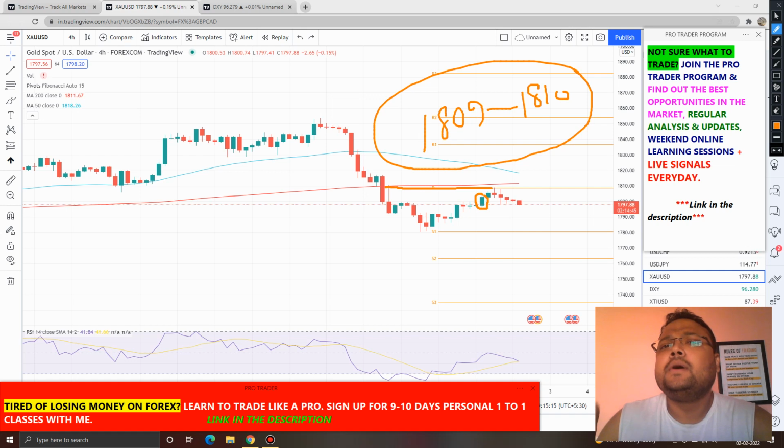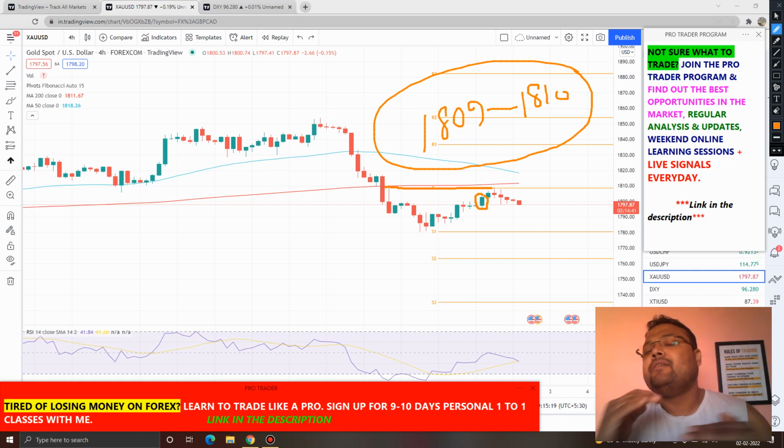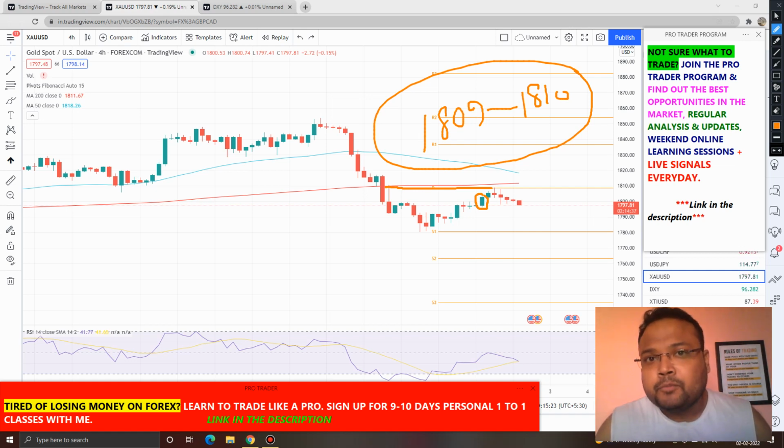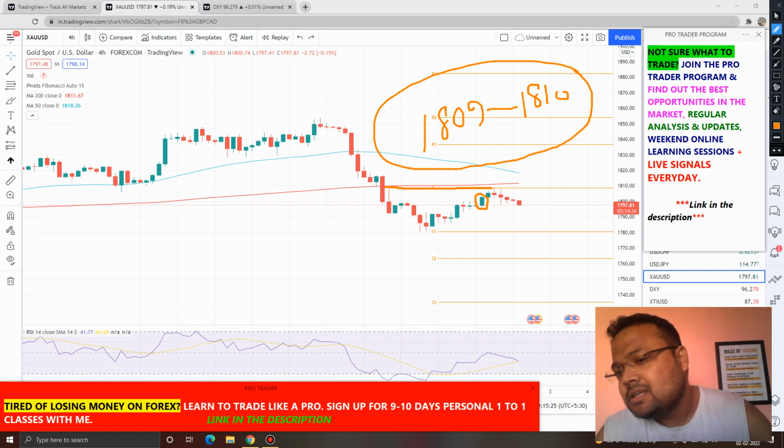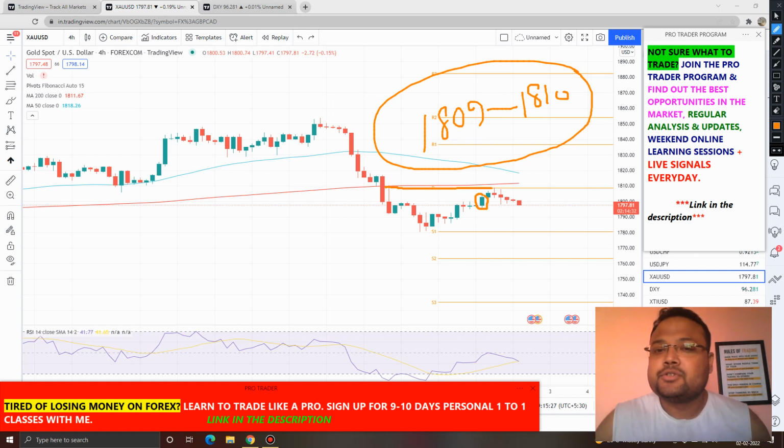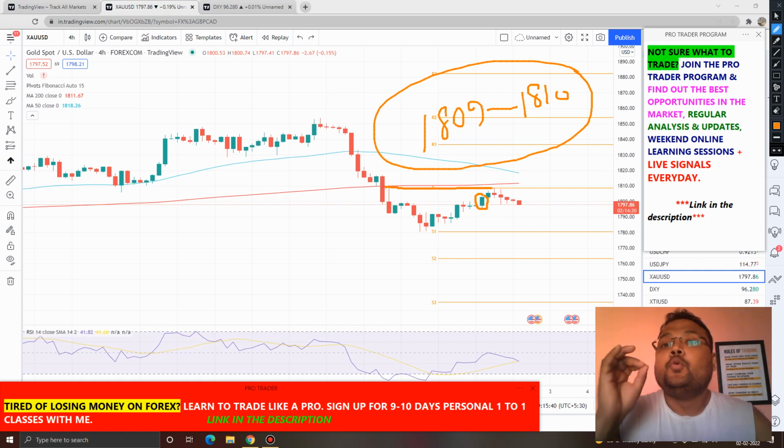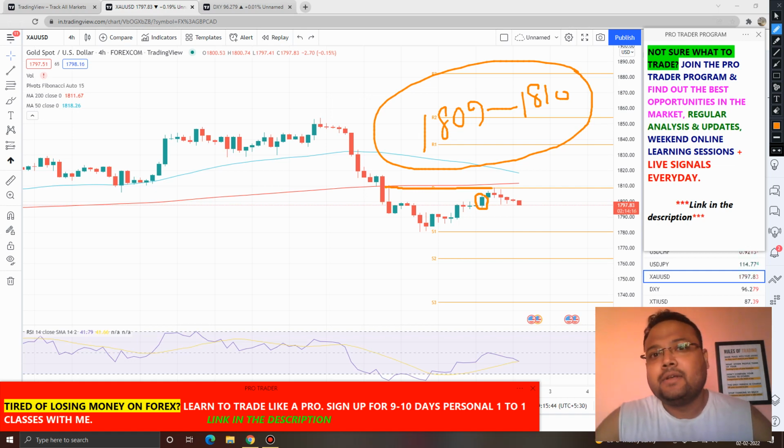Not a very strong one, but yes, a good resistance, because each and every resistance or support in the market is not equal. Some resistances are very strong, some are weak, some are of medium strength. So this level is a good one, not a very strong one. So 1809 to 1810 is a valid resistance for the market right now. In case the market starts going up, we may see some sort of selling again at this level.